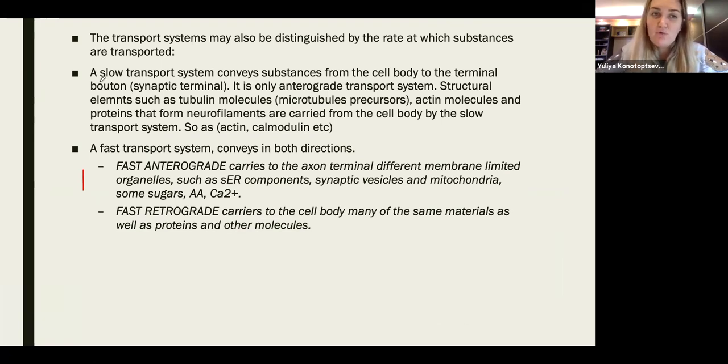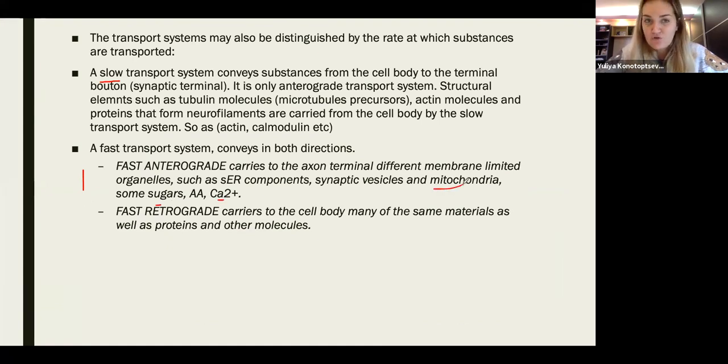I guess this is important because we have two types of transport. We have the slow transport system and the fast. Okay, so the difference between them, it's understandable. One is slow, one is fast. Just what exactly is being transported by the fast system? So a fast anterograde will be transporting some kind of sugars, amino acids, calcium, right?